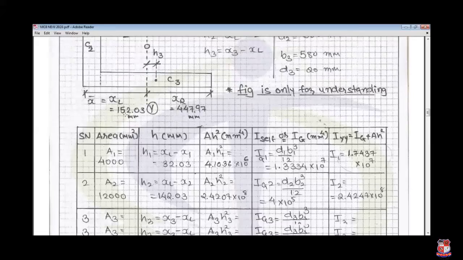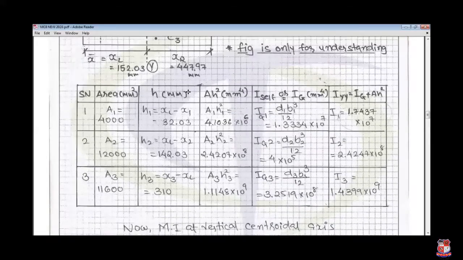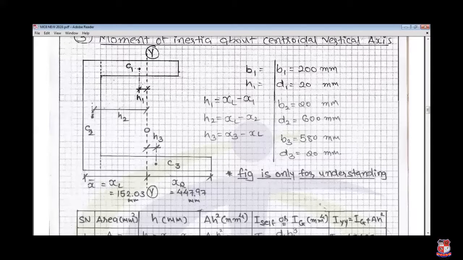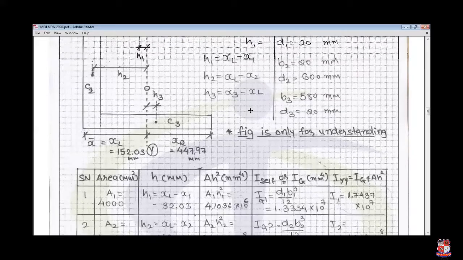Here XL equals 152. So for this A1 you directly get XL minus X1, subtracting this much distance from here, because your X1 is small here, so you can directly calculate this distance. Same way here and here.